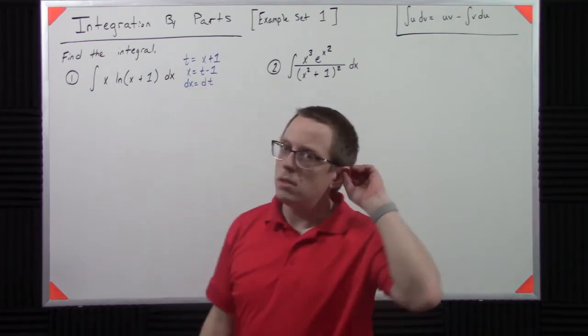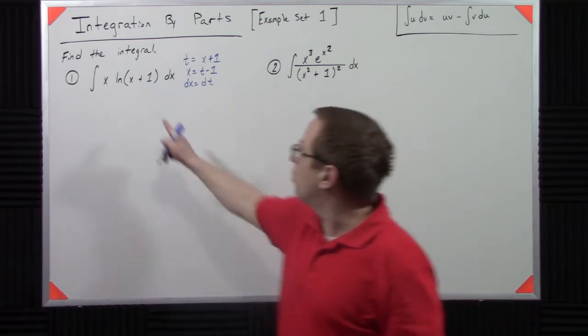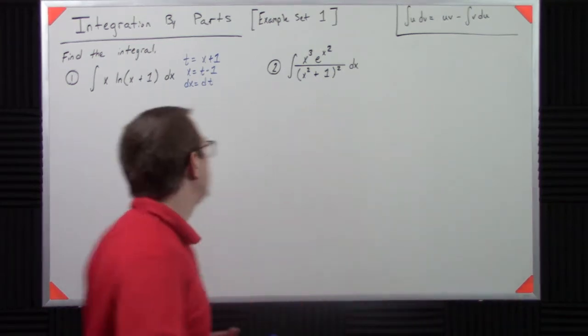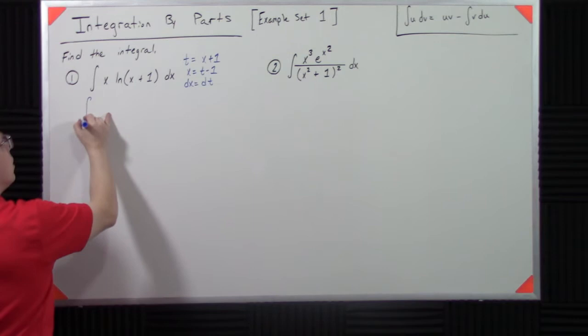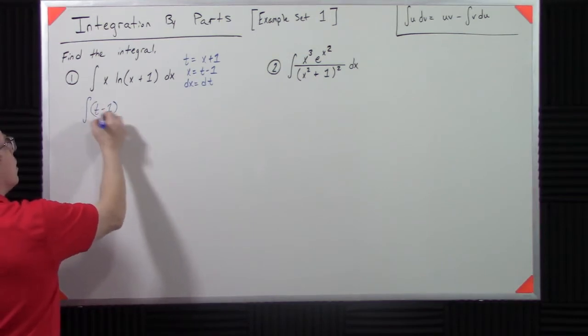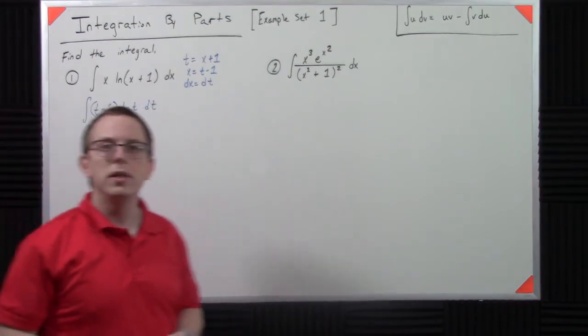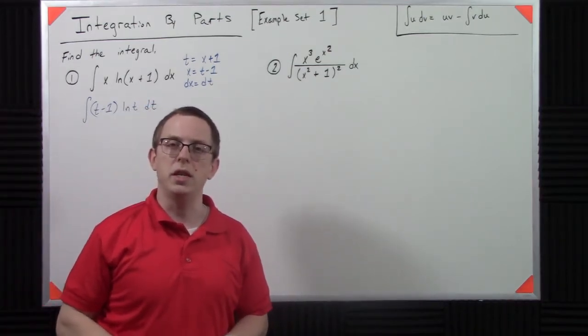So dx equals dt. That's simple enough. So if we rewrite this, we then get the integral of t minus 1 times natural log of t dt.